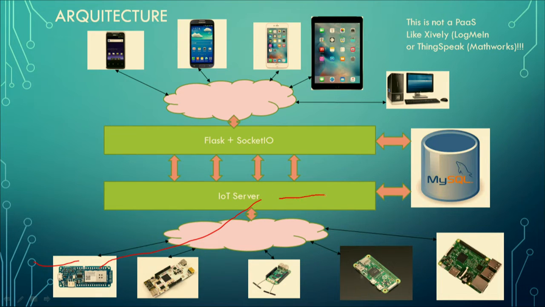And if this device is registered in the MySQL database, then the IoT server adopts a new thread for this device. If not, the thread is terminated and the communication is rejected. That is what any of these devices need to do, no matter where they are, using Wi-Fi. We will see later what type of devices those are.